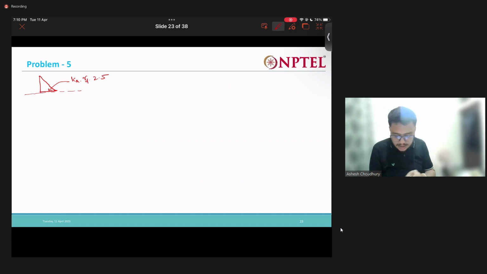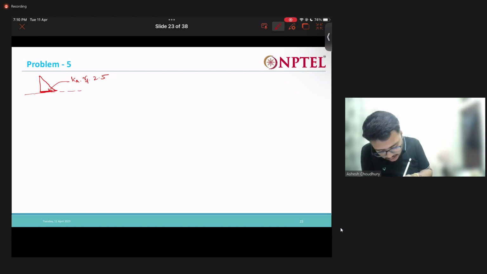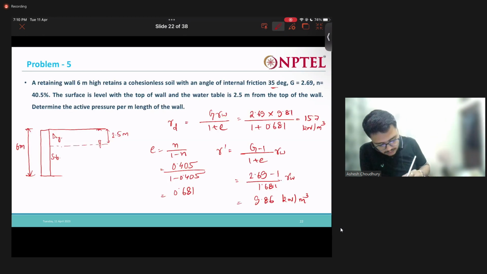So I can draw it like this. This is the top. What is the vertical pressure at this level? It is gamma d into 2.5.